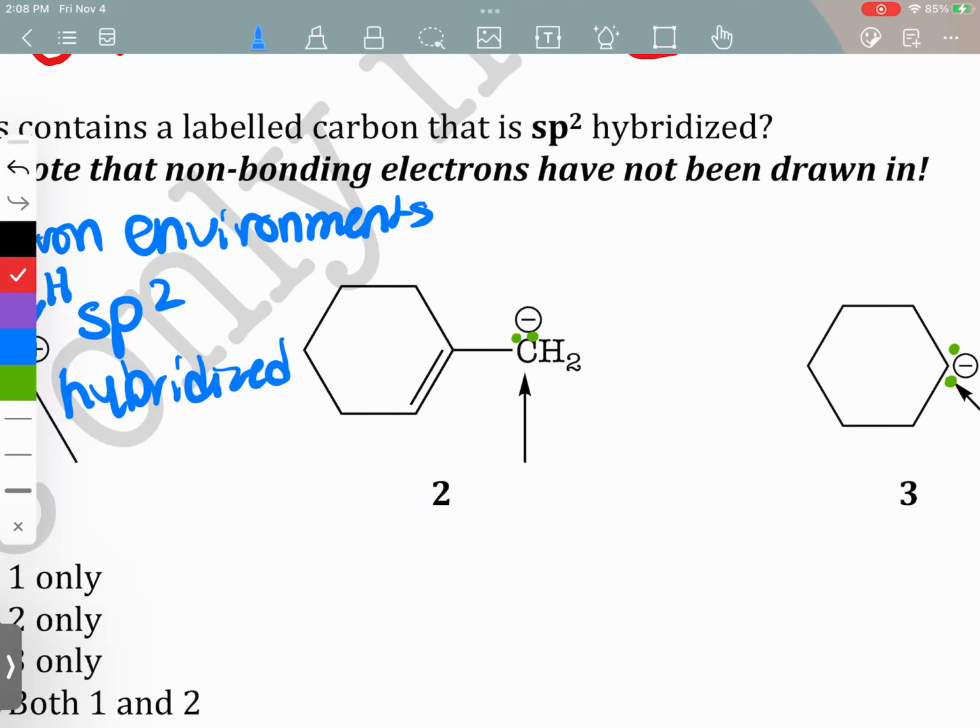Because I don't know if the hydrogen, there's 2 hydrogens. Yeah, so you count everything, including lone pairs. So you have 2 hydrogens on the carbon, you have a lone pair, and you do have another carbon that this carbon is attached to. So that is indeed 4 electron environments.